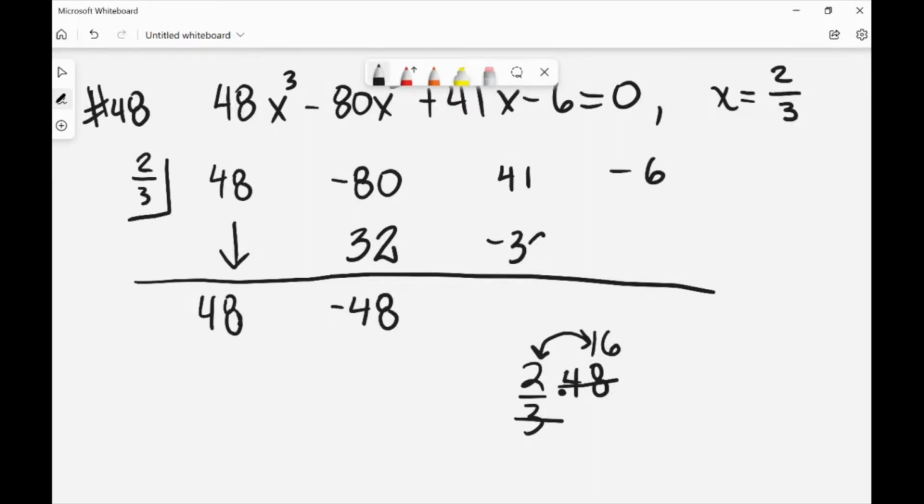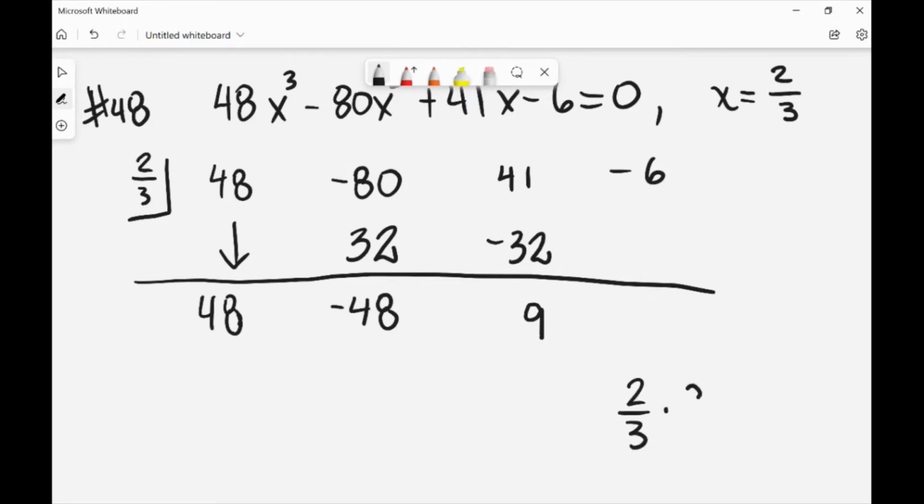All right, we're going to add again. What do we get? 9. Okay, interesting. Now we're going to multiply 2/3 times 9. Again, I look at the bottom number and divide the 3 into the 9. 6. All right, so we did it right. How do you know we did it right? You got a remainder of 0.